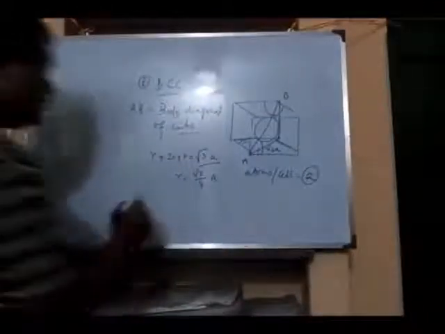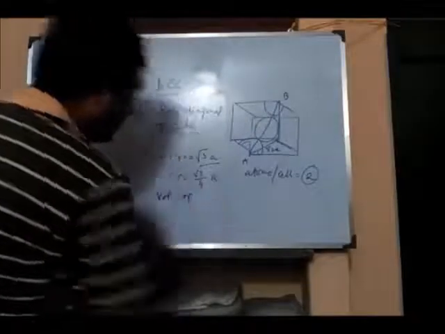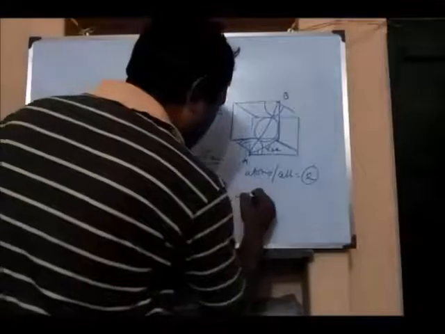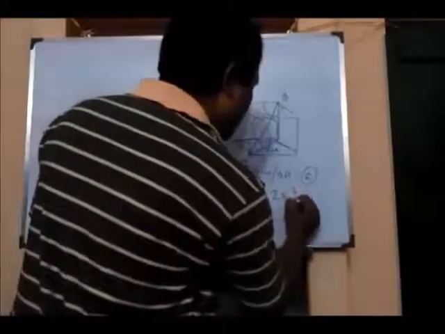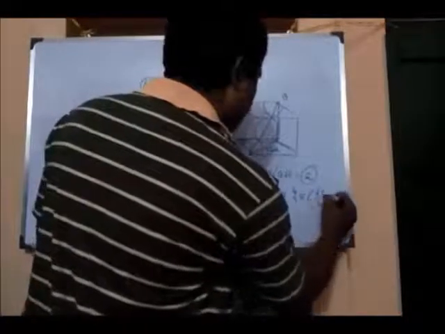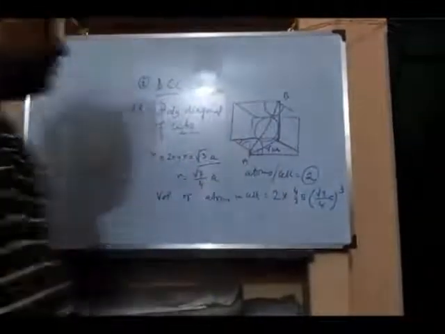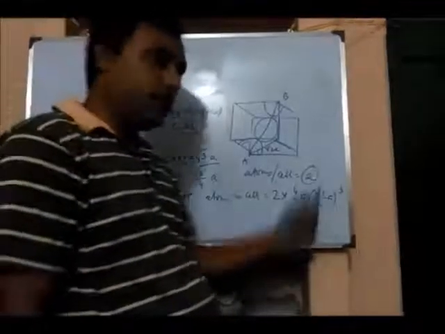So the volume occupied by atoms in this BCC cell will be 2 times 4/3 pi into root 3 by 4 a cubed, as this is the radius of each atom. Now the volume of that particular cube is a cube.